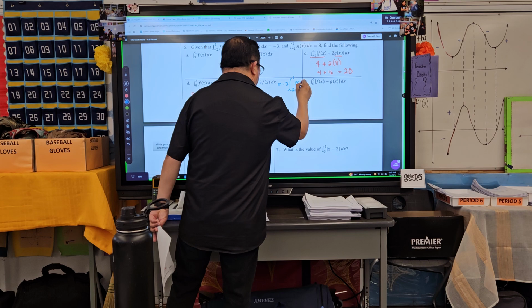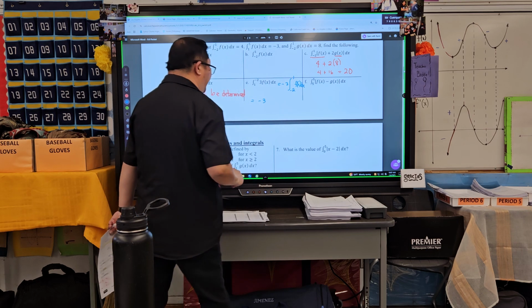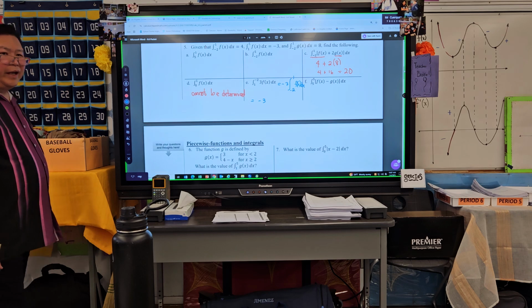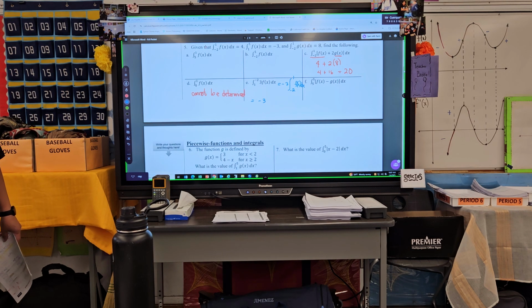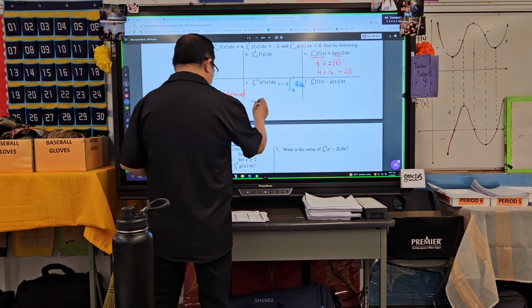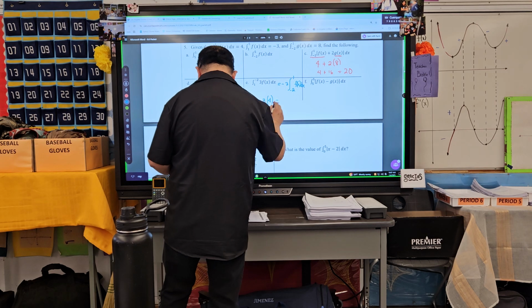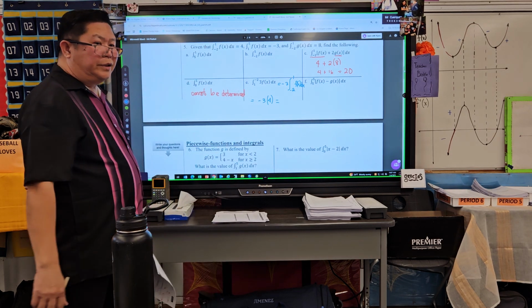So which means negative 3, and then what is the integral from negative 2 to 1? 4? Okay. So this is times 4. So we have negative 12.